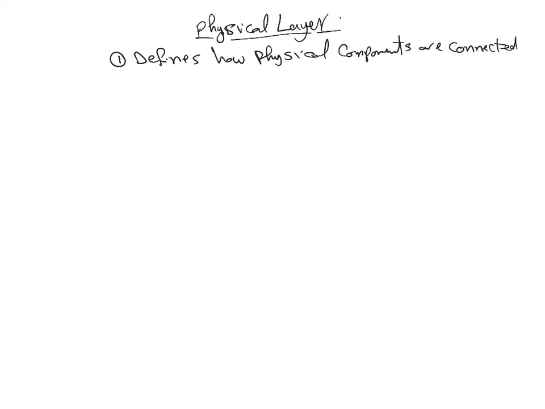Number one, it defines how physical components are connected using media, meaning the cables, and the network interface card.